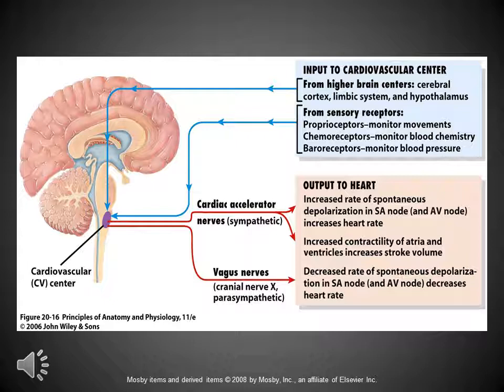The vagus nerve is going to decrease the contractility to a degree, but mostly it's just going to decrease heart rate. And we can stimulate the vagus nerve to such a point that it slows the heart until it literally stops. This is a bad thing. Stopping the heart is a bad thing.